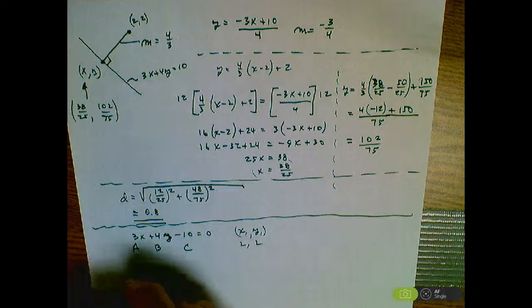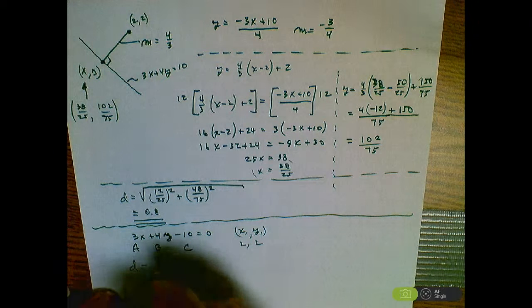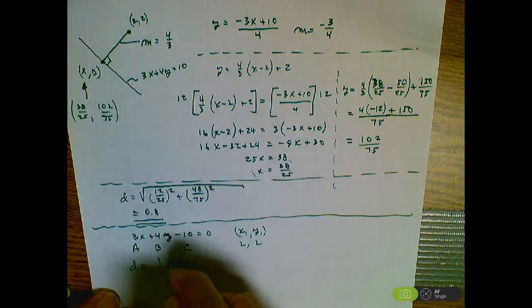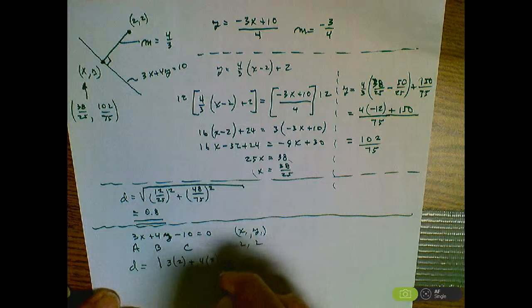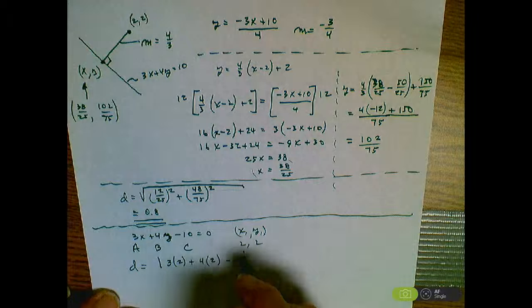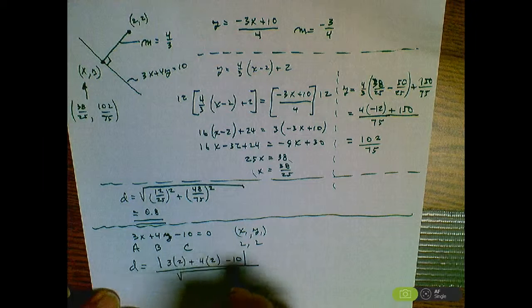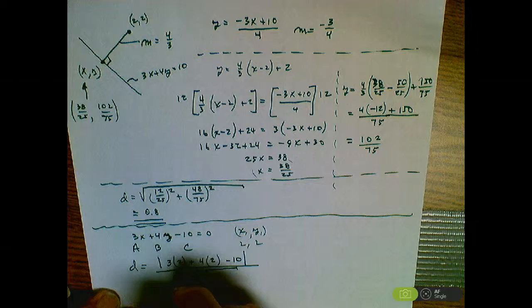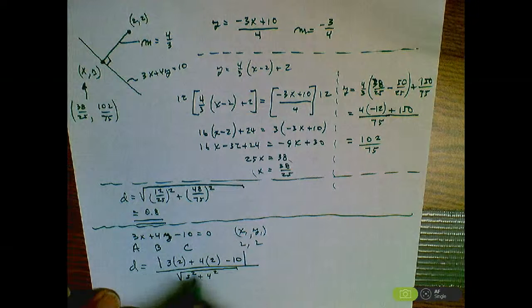From my formula, to check our work, we should have the absolute value of A, which is 3, times my x sub 1, which is 2, plus 4 times my y sub 1, which is 2, plus C, and C is negative 10, absolute value, over the square root of 3 squared plus 4 squared, and that's 5.